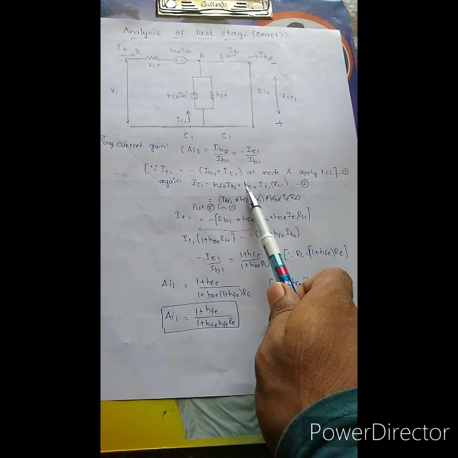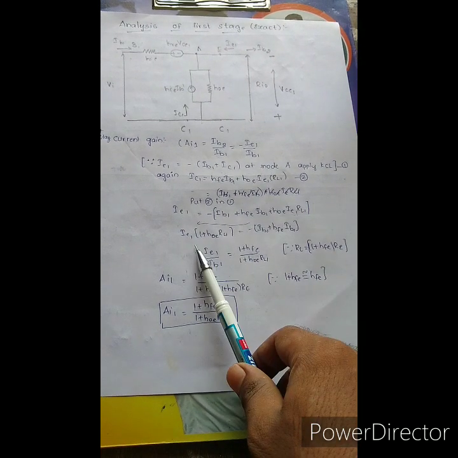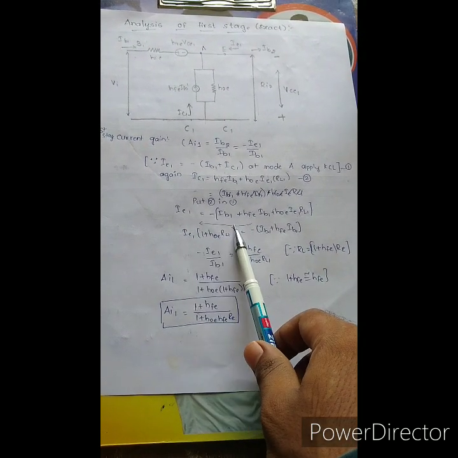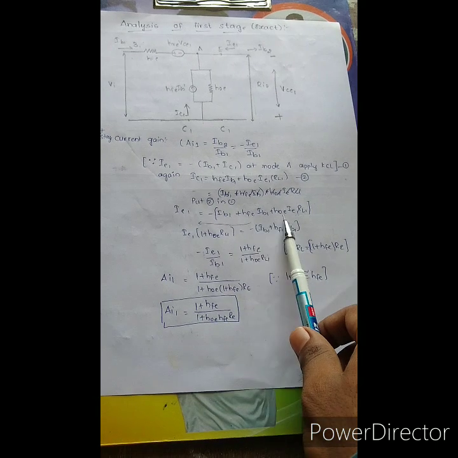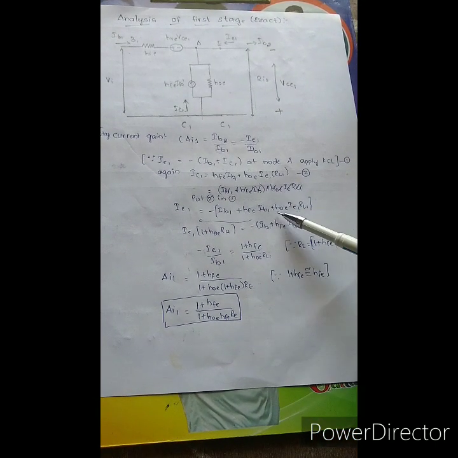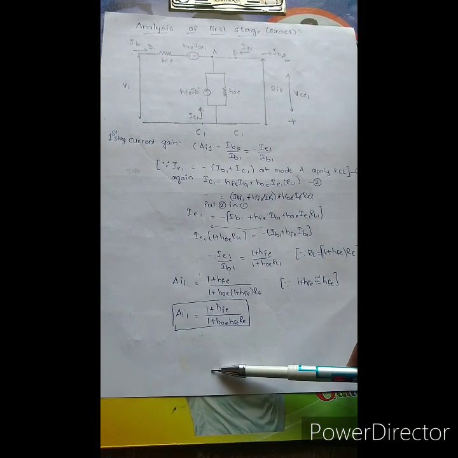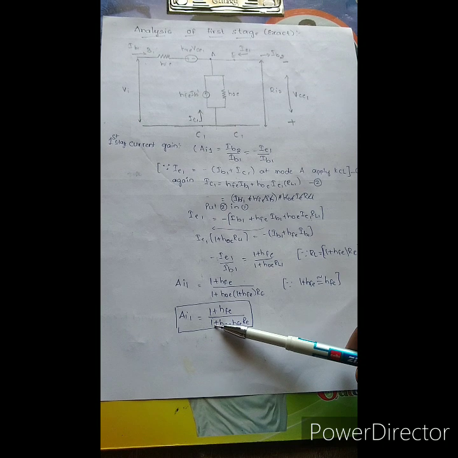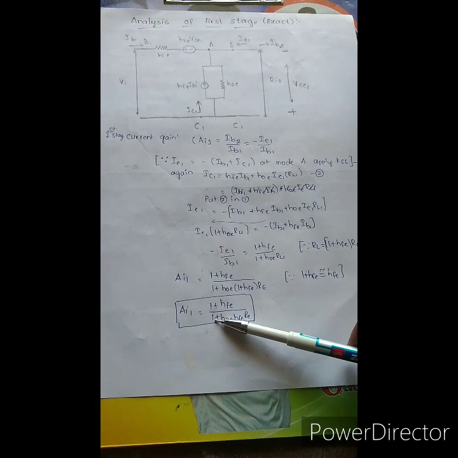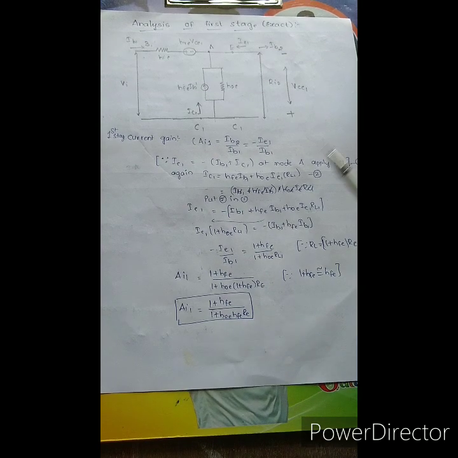Put this IC1 value in the first equation. IE1 equal to minus IB1 plus HFE into IB1 plus HOE IE1 RL1. By simple calculation, you can clearly see the calculation. We can find the current gain of the first stage of the CC amplifier, which is equal to 1 plus HFE by 1 plus HOE HFE RE.